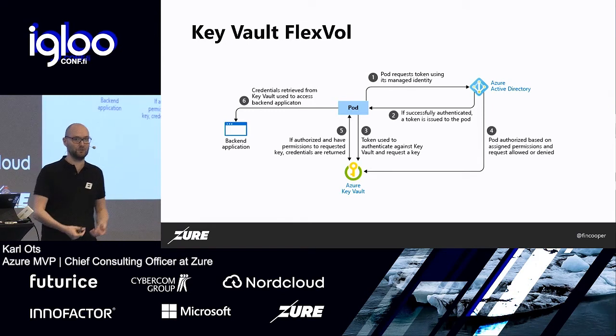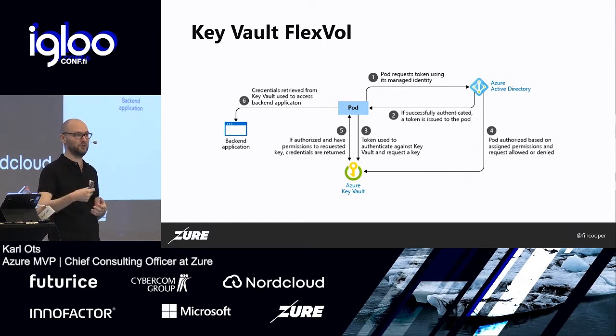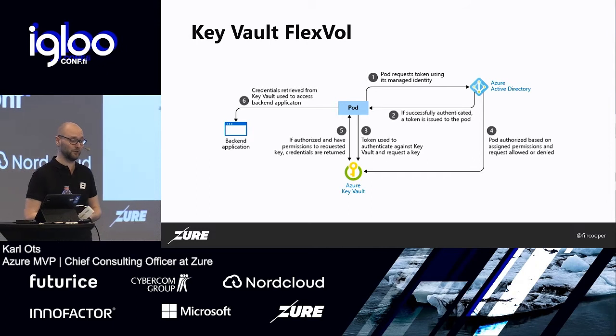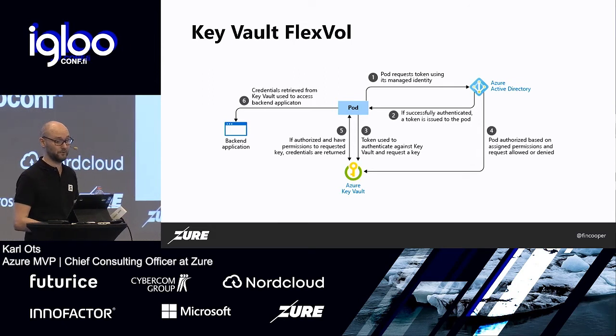And how do you get them? You need to, first of all, identify yourself, who you are, can you even get those keys, and then download or fetch those keys from a centralized key storage, from a key vault of sorts, and mount those at runtime as environment variables for your pod.